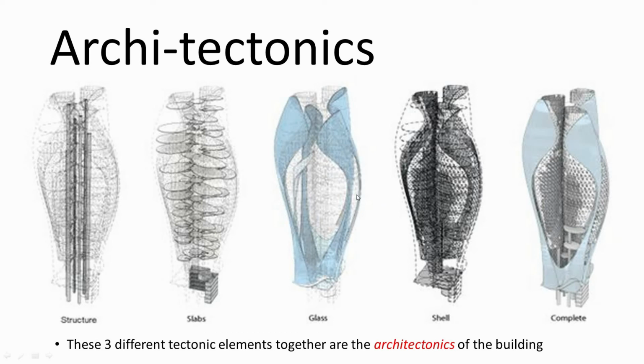And again, there are cutaways to create a very, very interesting finished aesthetic. From my perspective, I really like this finished design, the completed design. But it's these three tectonic elements that are coming together to create the architectonics that are particular to this design.